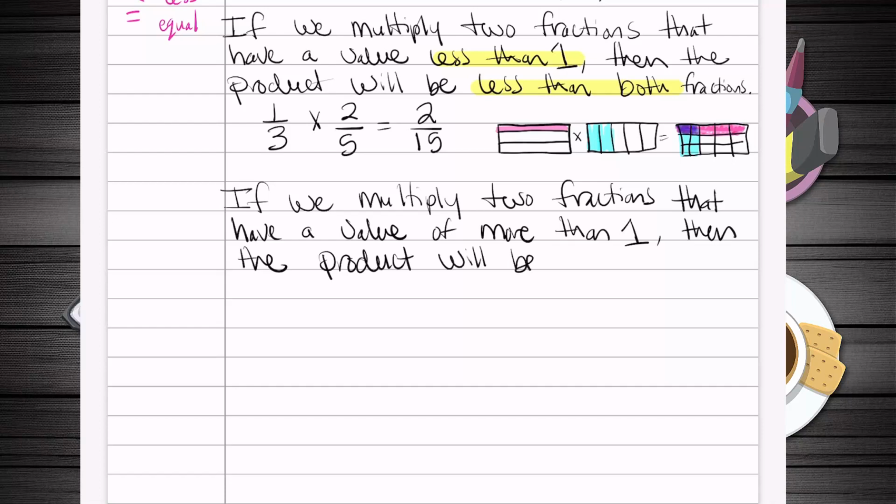If we multiply two fractions that have a value of more than 1, then the product will be more than both fractions. I'm going to highlight more, and then we'll look at an example.